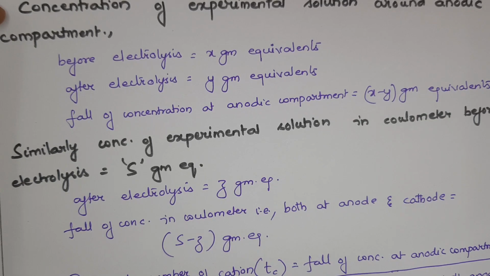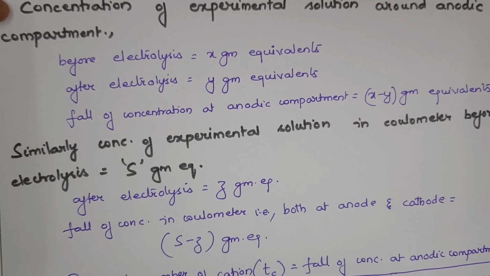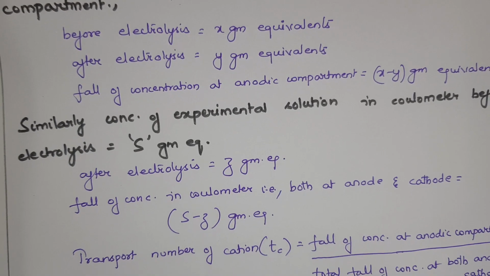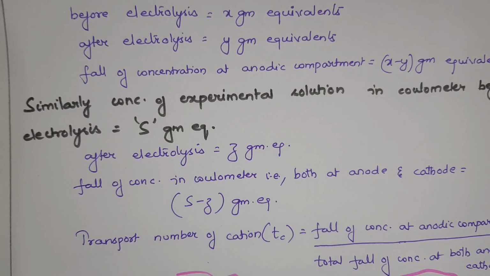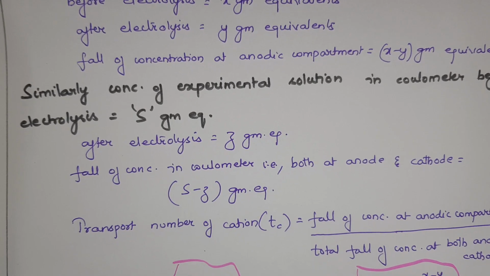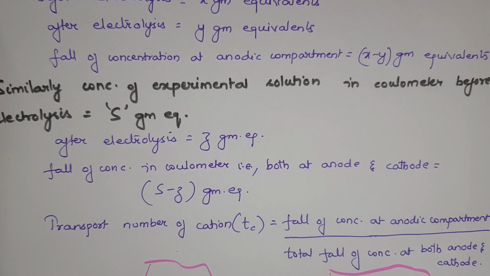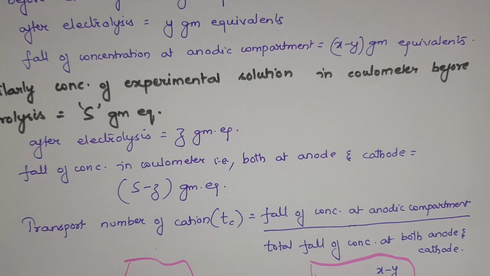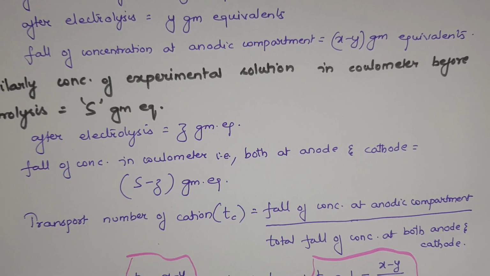Now how to calculate the transport number of cation from this fall in concentration? Below write down the transport number of cation. It is denoted by Tc. That's what I told you, students. Before learning this, try to understand transport numbers, which is also there on my channel. Transport number of cation Tc is equal to the fall in concentration at anode by the total fall in concentration at both anode and cathode.